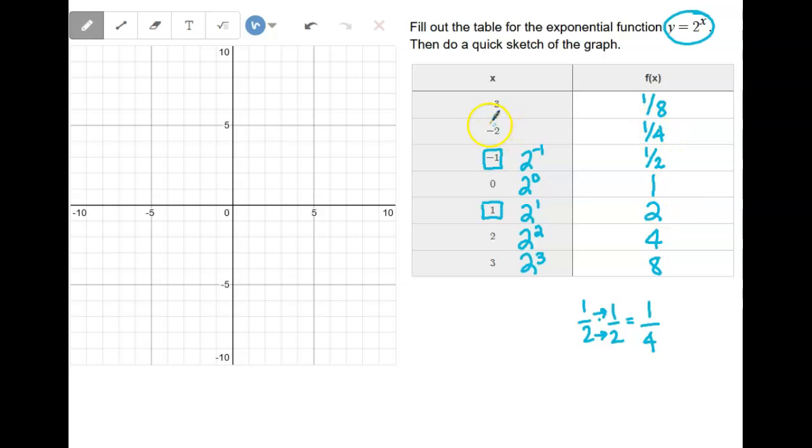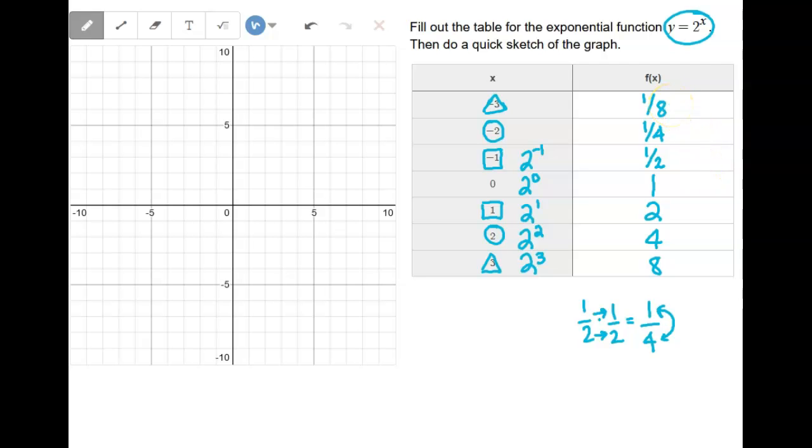Same thing here. These two are opposites of each other, and their answers are reciprocals of each other. Remember, reciprocal just means you trade the numerator and the denominator. And then same thing here. We've got 2 to the power of positive 3, 2 to the power of negative 3. So here we have 8, and here we have 1/8.